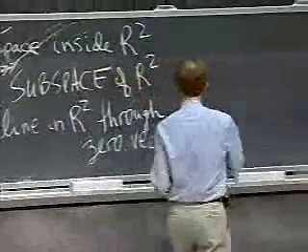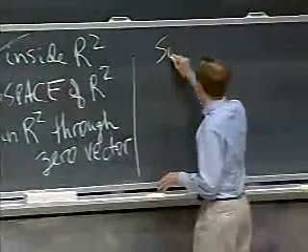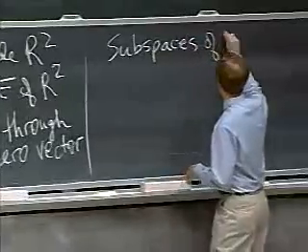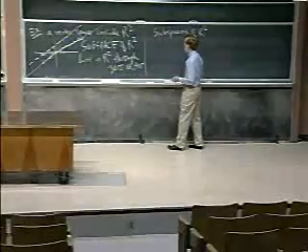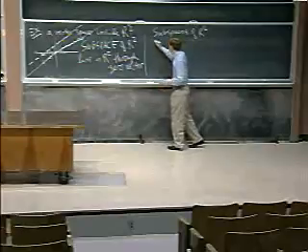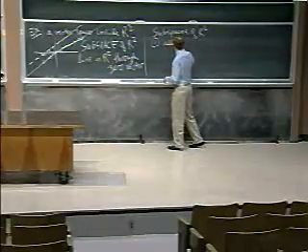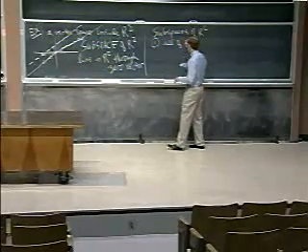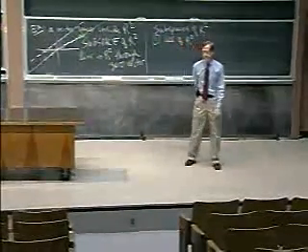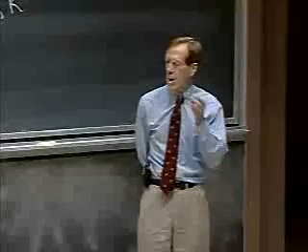So I'm listing now the subspaces of R2. And one possibility that we always allow is all of R2, the whole thing, the whole space. That counts as a subspace of itself. You always want to allow that.